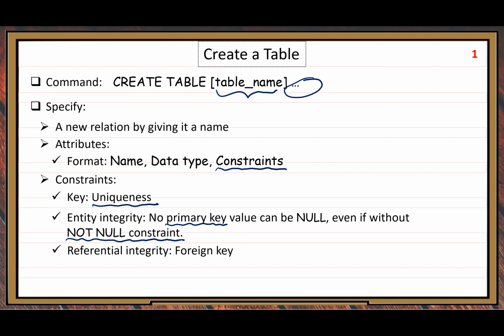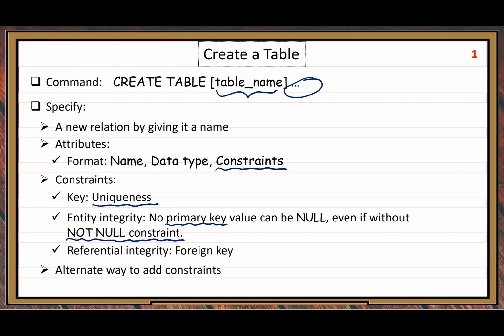Foreign key, referential integrity. The DBMS needs to maintain referential integrity for that kind of relationship. Later we will have a lot of discussion about foreign keys because they are very complicated.